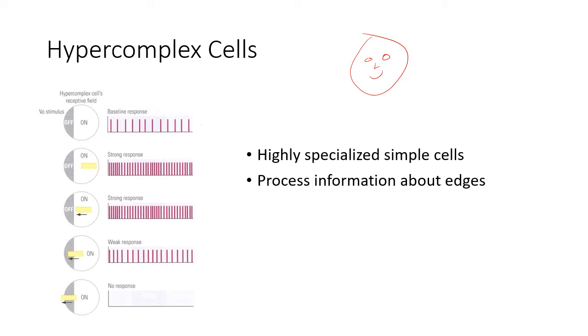We've got simple cells processing information about the mouth, the nose, the eyes, all the different things, but we've also got cells that are specifically telling us about the edges, the information at the edges, and even the information at the edges of the eyes too. So these hypercomplex cells are giving us more information about edges.